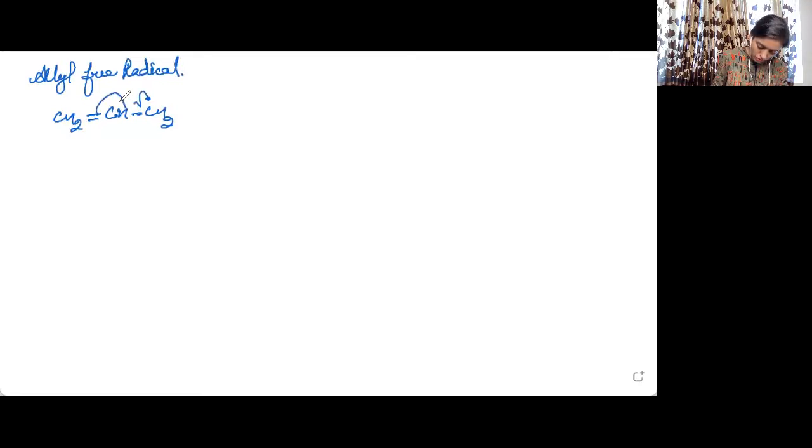So CH2, here it is free radical. So again, it can go this way. And it will keep jumping from one carbon to the other carbon, right? So this is how we explain the stability of allyl free radical.